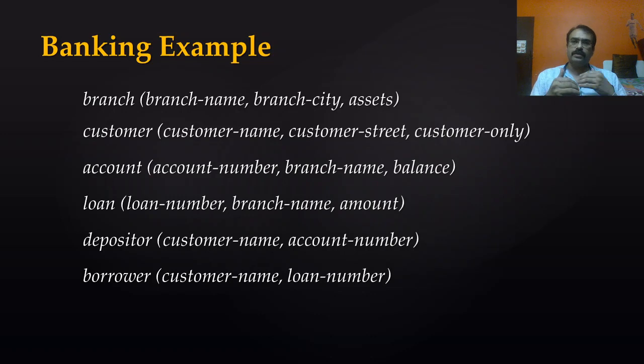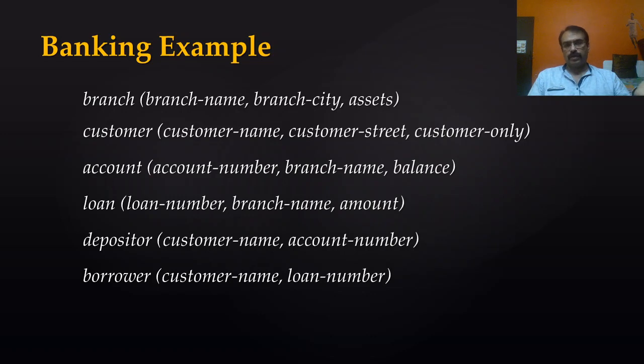As we have already said, we can combine all these operations together in a single query. It is possible. So in today's lecture, we'll practice a few queries on the banking example which we have.